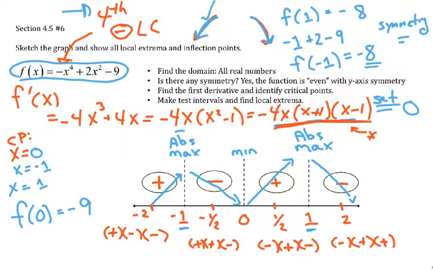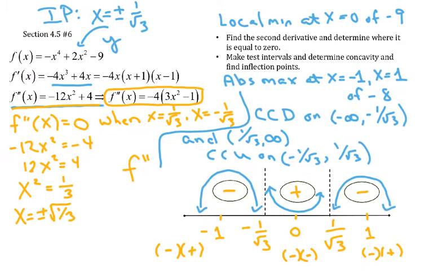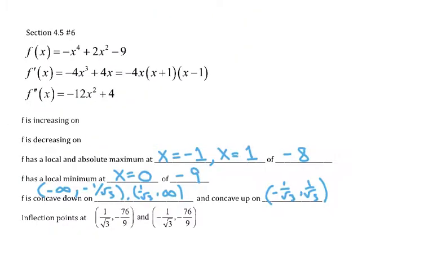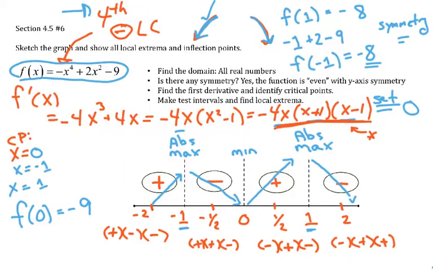We are increasing from negative infinity to negative 1 and 0 to 1. So that means I'm decreasing from negative 1 to 0. Let's double check. Decreasing negative 1 to 0 and 1 to infinity.